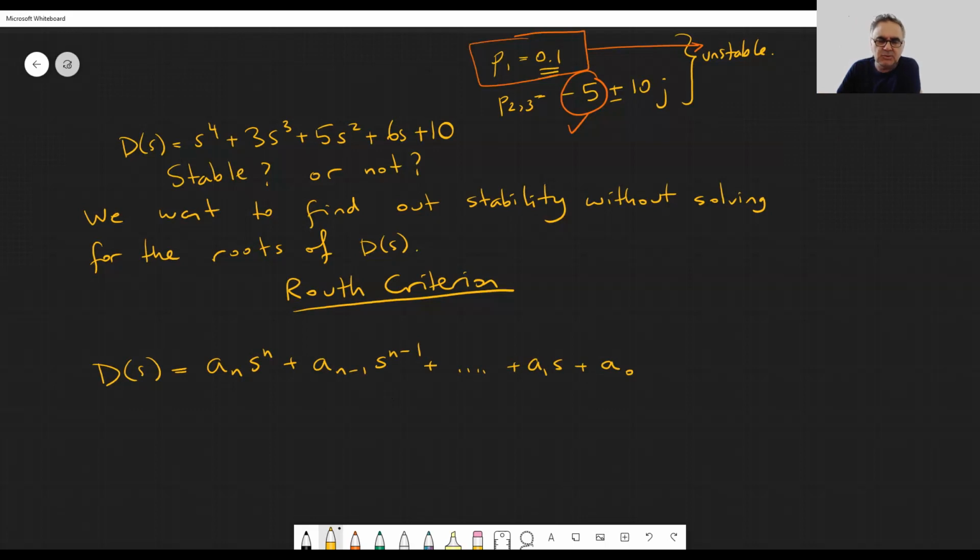So this is D of S. We have the coefficients.